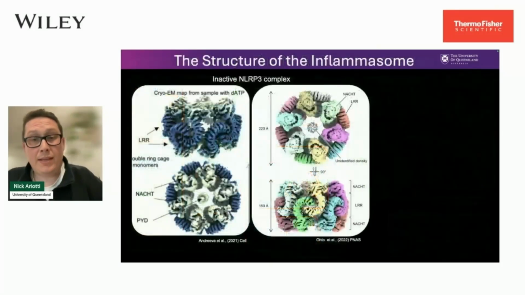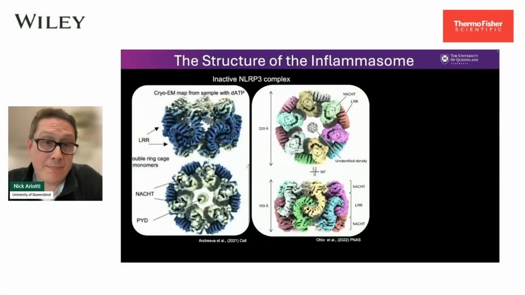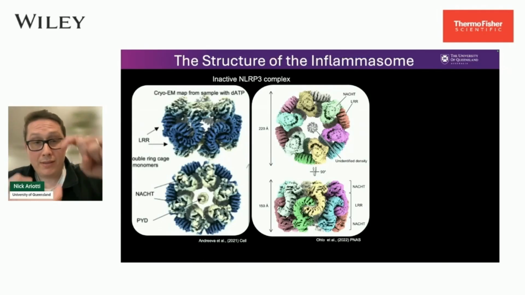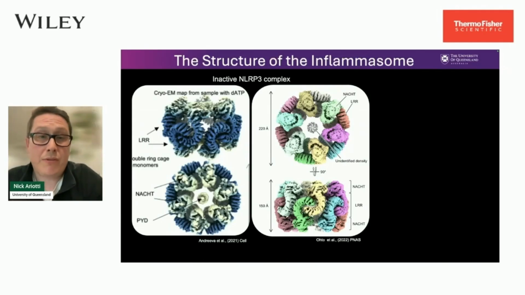We now have a detailed structural understanding of the differences between the inactive and active NLRP3 complexes. Here we have two examples of this structure, with the inactive double ring cage coming together with interdigitation of the leucine-rich repeats with inactive domains at the top and the bottom of this cage.